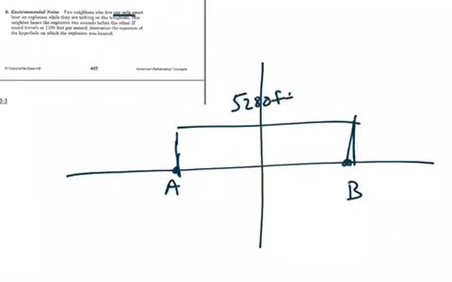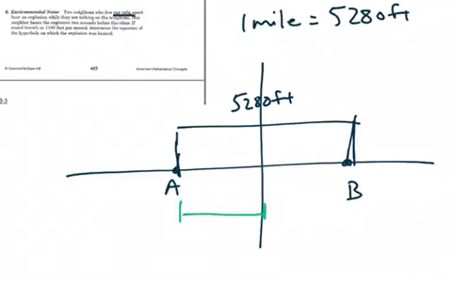So you have to know that 1 mile is equal to 5280 feet. If that's true, then half of this distance is half of 5280. If I divide 5280, that's 2640. So this is 2640, and this is 2640.